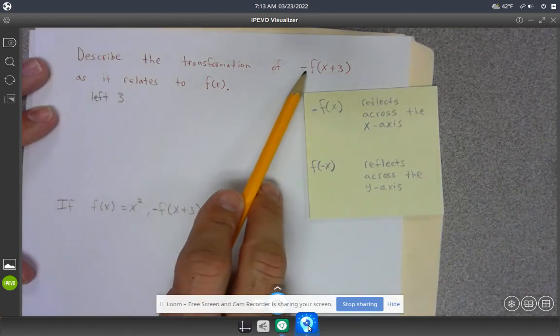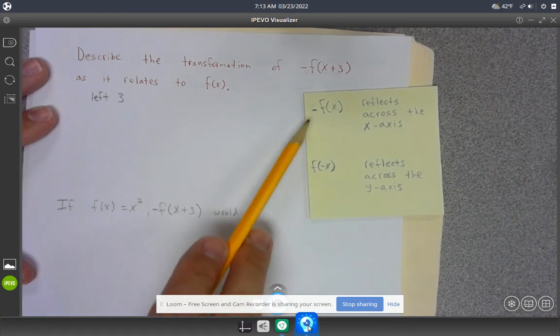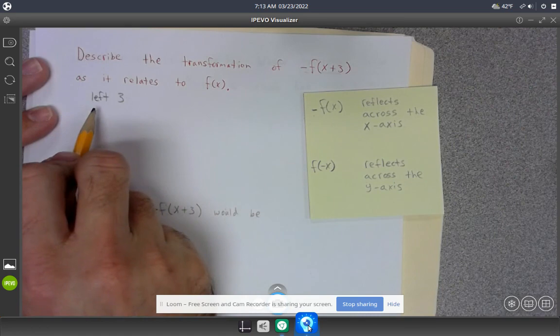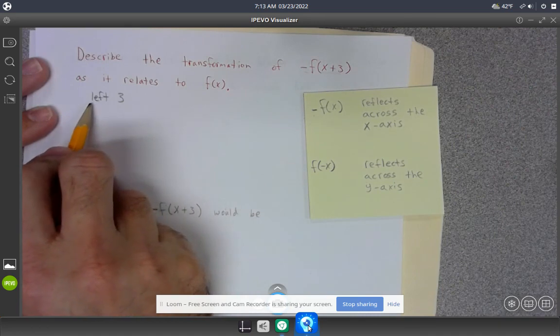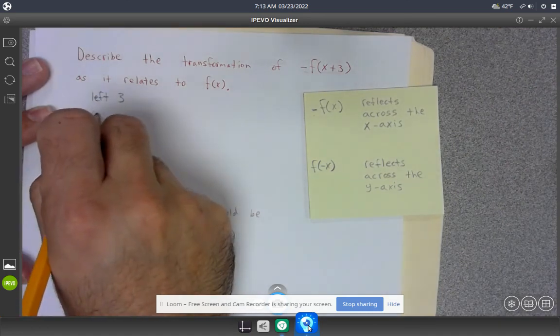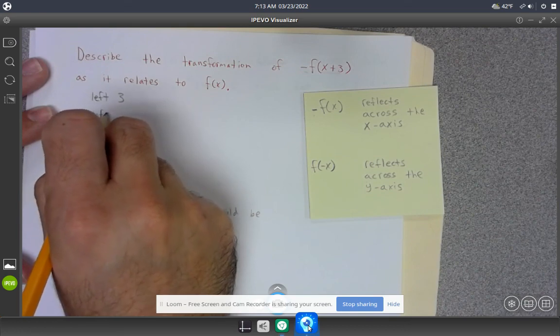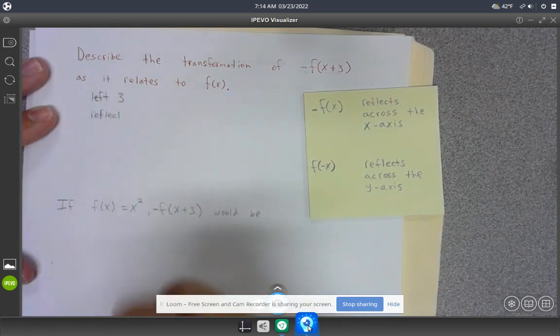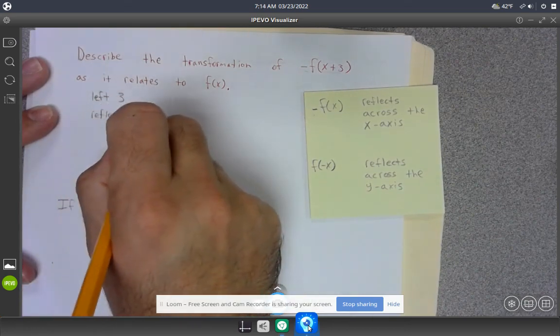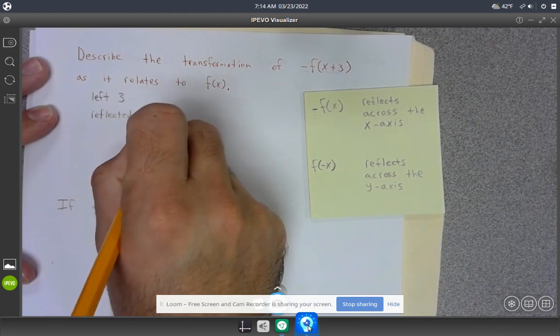And then here they're attaching a negative to the entire function. Right? So that's going to be this scenario right here, negative f of x. So what's happening is it's being translated left 3 and it's being reflected across the x-axis.